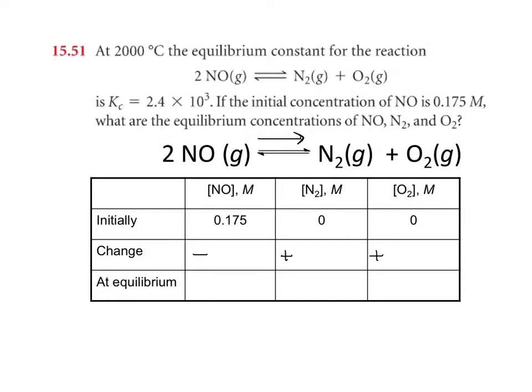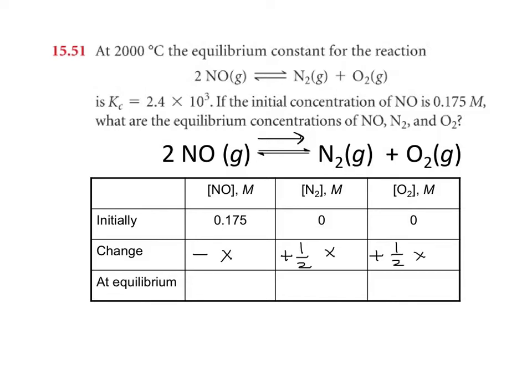All right, so now we apply stoichiometry. I know that for every 2 moles of reactant, I get 1 mole, which is half of 2. So I can say that for every x moles or molar of NO, I'm going to produce 1/2 x as much of each of the products.